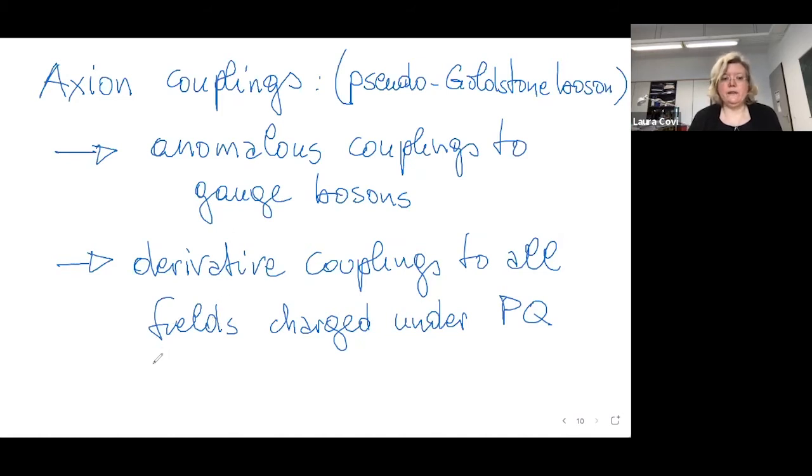If you have a derivative on the axion, you can do a partial integration and move the derivative towards the other fields. And deriving those fields will often give you actually the mass term. So in some cases this is equivalent, but not always. So these are also connected to the mass coupling.